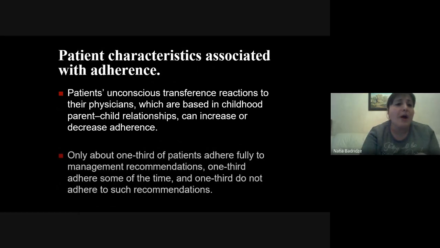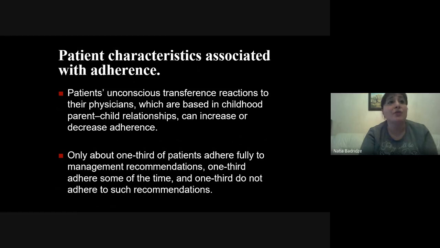So, what are the patient characteristics associated with adherence? A patient might have an unconscious transference reaction to their physician, which might be based on the childhood parent-child relationship. This can increase or decrease adherence. For example, if the patient likes the doctor, adherence might increase.